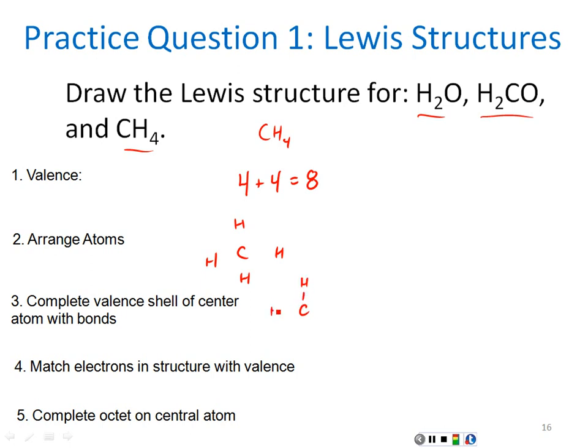And we'll draw in the bonds to the center atom. And we've had four bonds. We've used 8 electrons. The valence on carbon is complete. The octet on carbon is complete. Hydrogen is good. So we're done with this Lewis structure. This one is pretty simple.